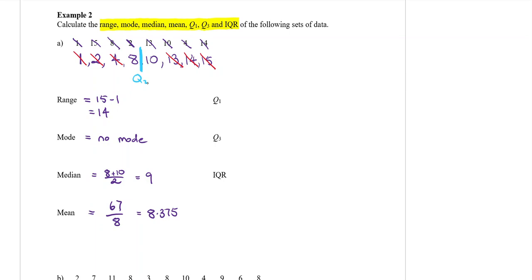To find the Q1, you want to look at all the numbers that are below that spot. So there's 4 of them. 1, 2, 3, 4. These 4 numbers here are below my median. And I want the middle of those 4 numbers. Where would that be?